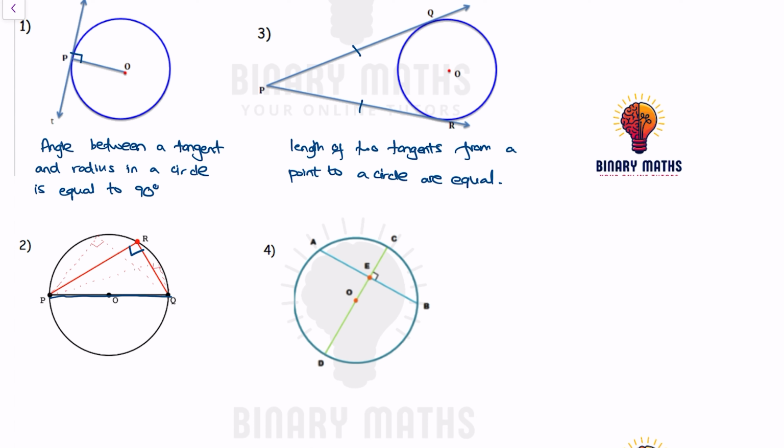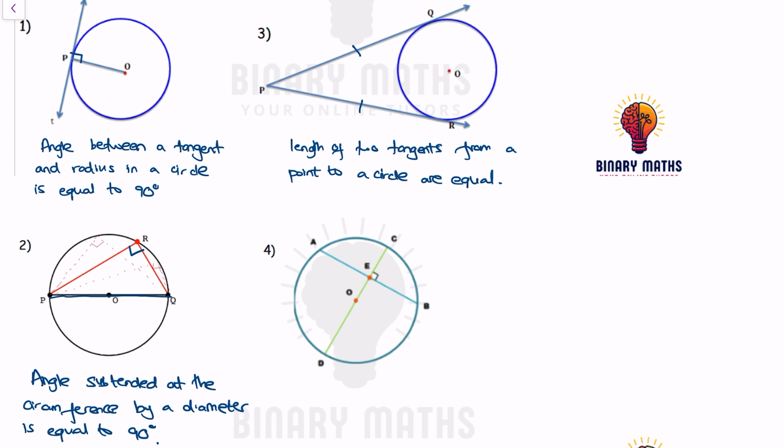So I want to write it down. Angle subtended at the circumference by a diameter is equal to 90 degrees.